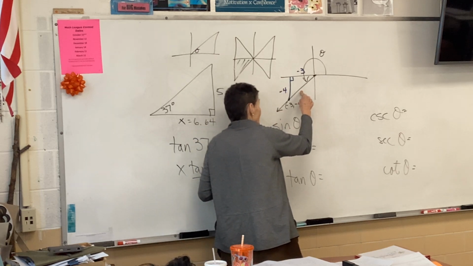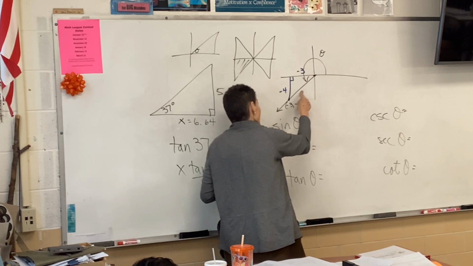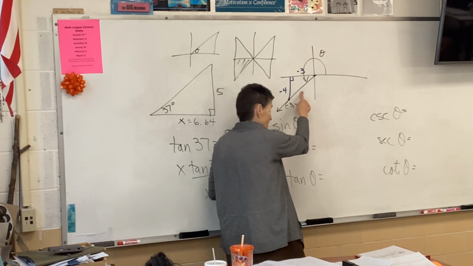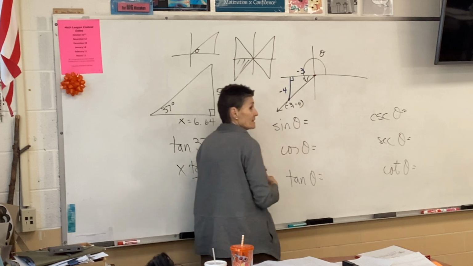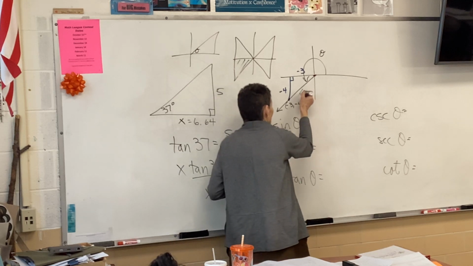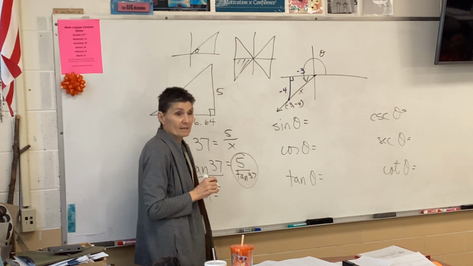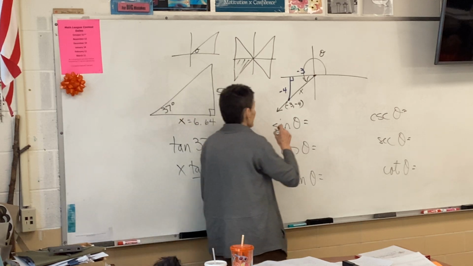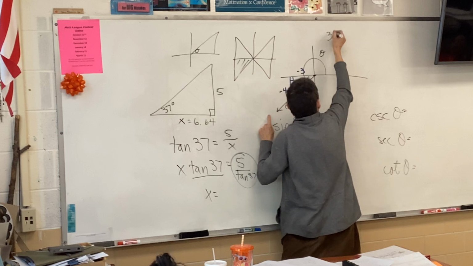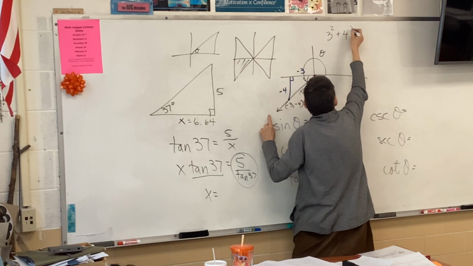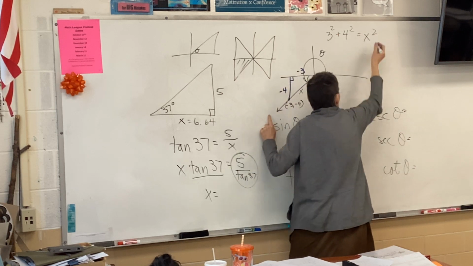Now what about this side of the triangle? Well, that's missing. How do I find a missing side of a triangle? How would I find that side right there? Pythagorean theorem. So I'm going to have 3 squared plus 4 squared equals x squared.